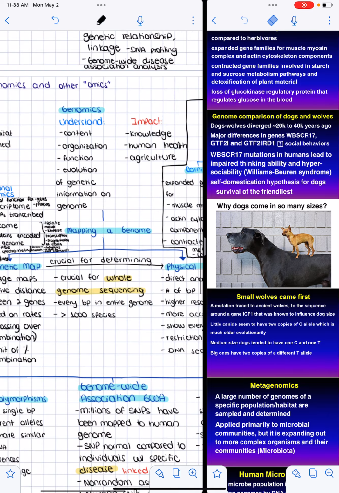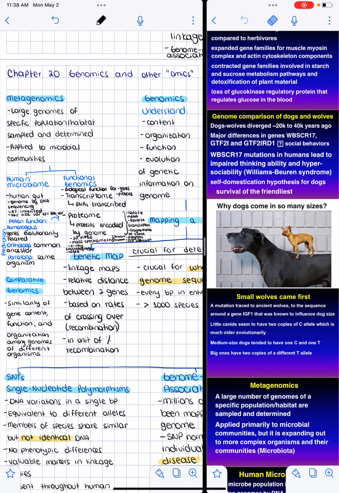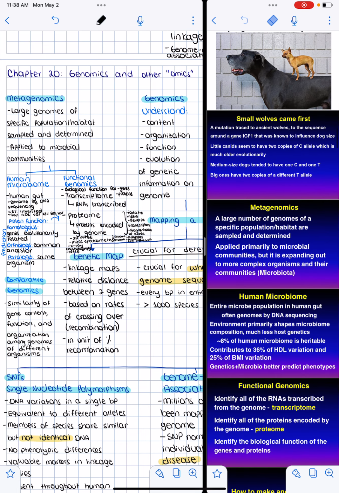Lastly, we have metagenomics, in which large genomes of a specific population or habitat are sampled and determined. It's applied mostly to microbial communities, but it can also be applied to humans and the human microbiome, which is present in the human gut.